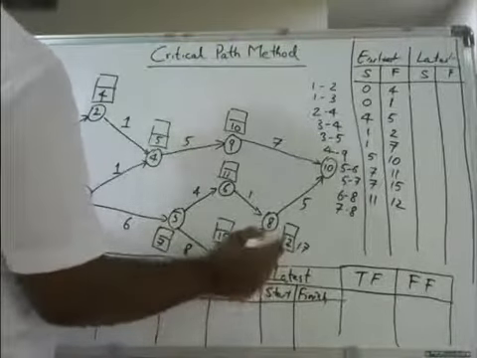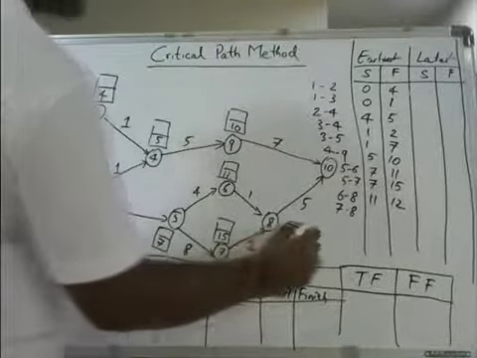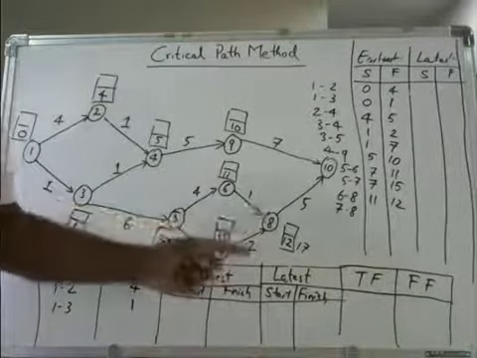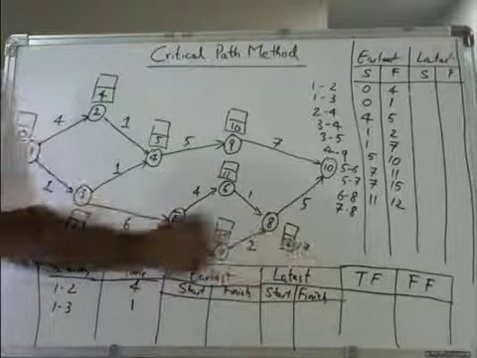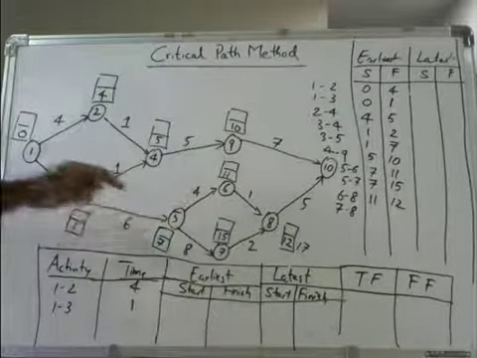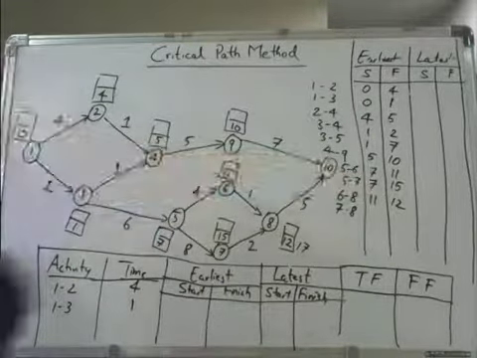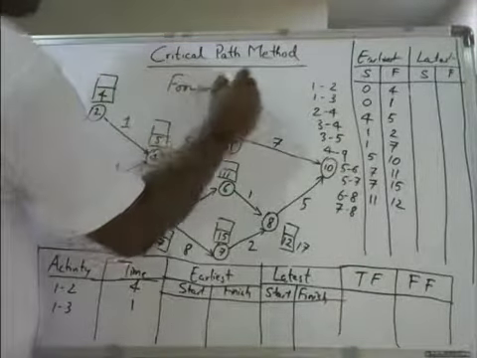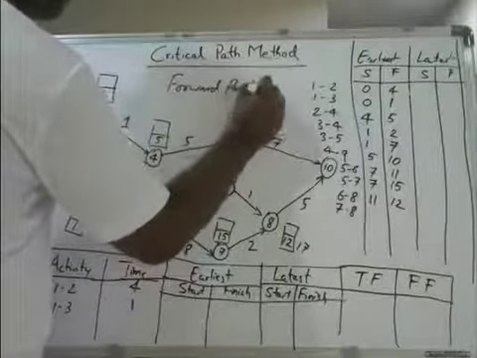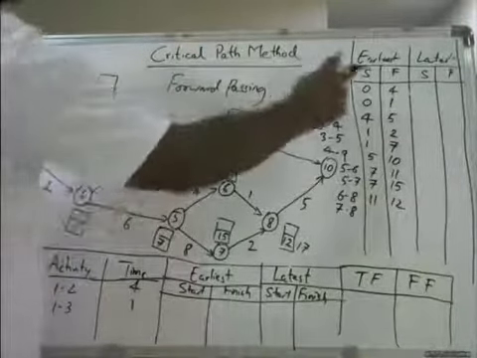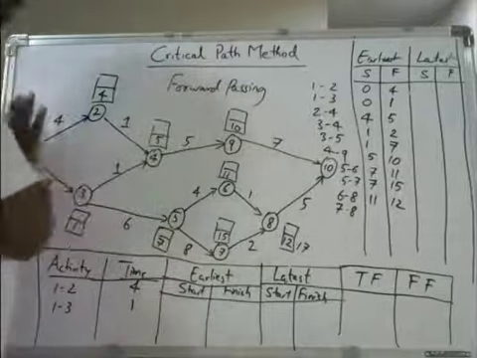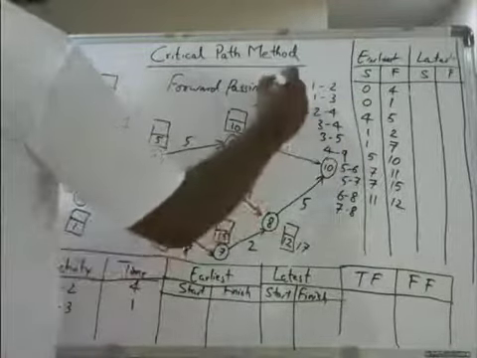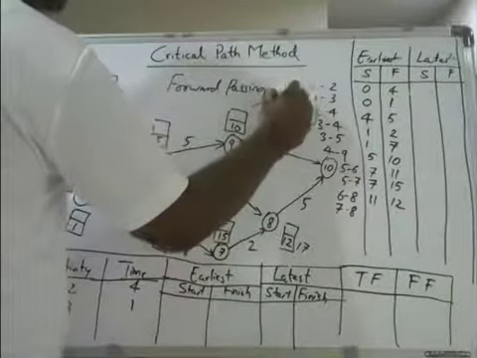So in these two, you need to take whichever is maximum. From here if you go, you will get 12. From here you go, you will get 17. Whenever you are going forward like this, calculating the earliest start and earliest finish from left to right, it is called forward passing. When two networks are converging, you should take the maximum value.